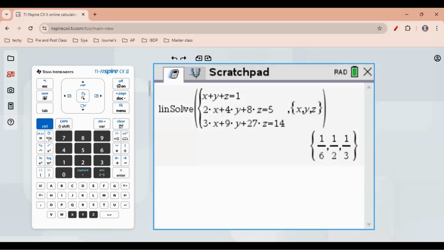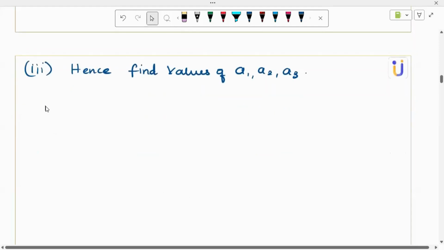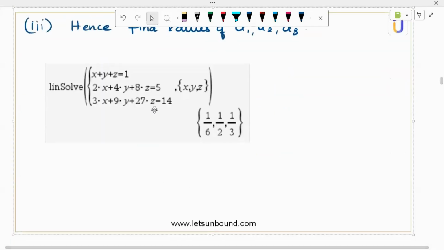So click enter. We got this, which is x is 1 by 6, y is 1 by 2, z is 1 by 3. So let's take this to the solution page. And that's it. We got the values of a1, a2, a3. Hence, find the values of a1, a2, a3.